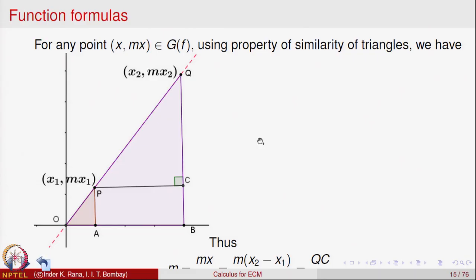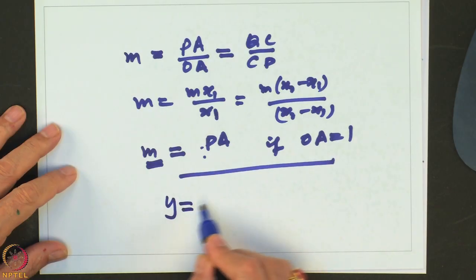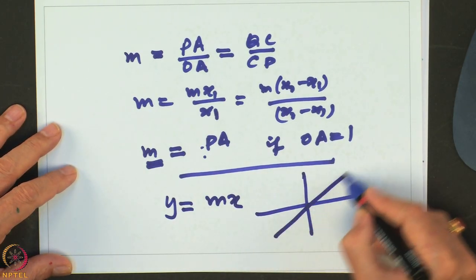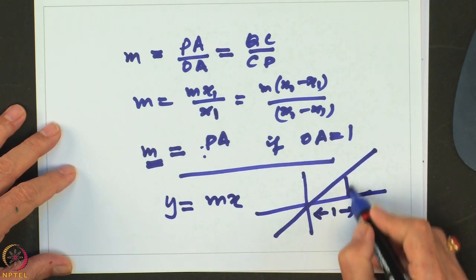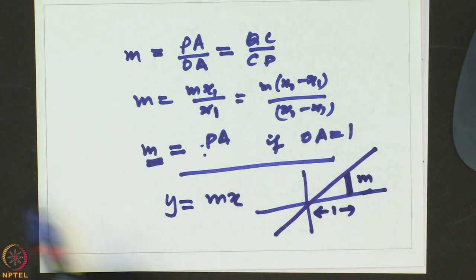So, that means the line y equal to mx will have a graph as a line where if I take this distance as 1, this height will be equal to m. Okay. So, that is the property.